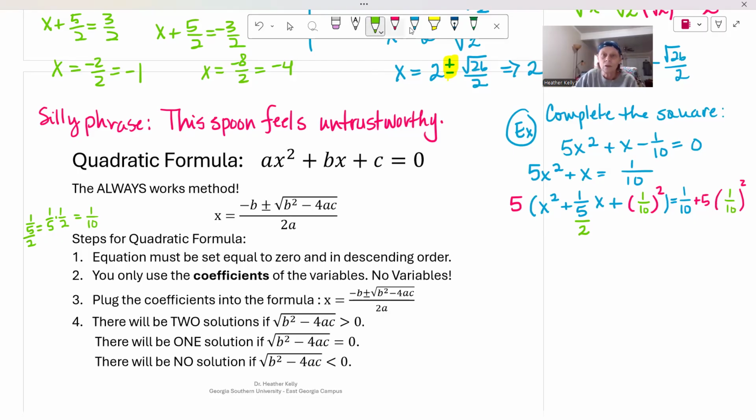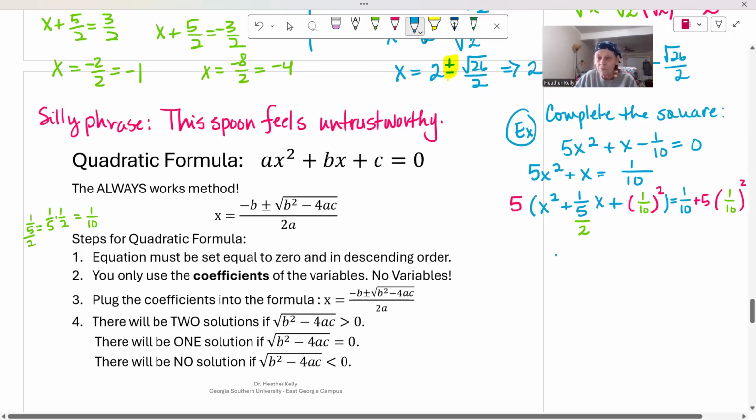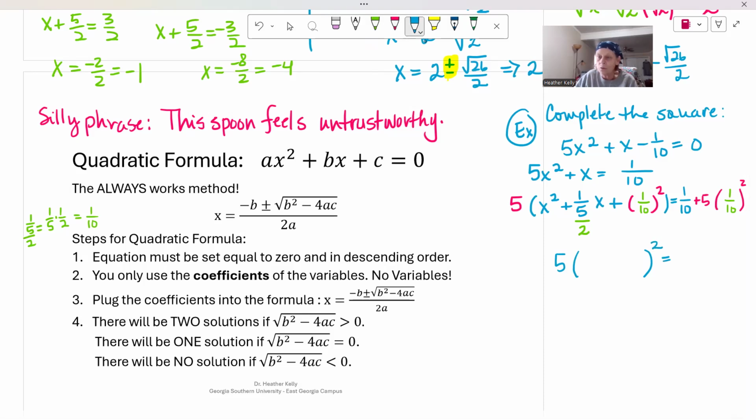All right. So now we're ready to write the next thing down. We have 5 times parentheses squared equals 1/10 plus 5/100. I'm going to leave it like that so I can do this easier. That's 10/100.